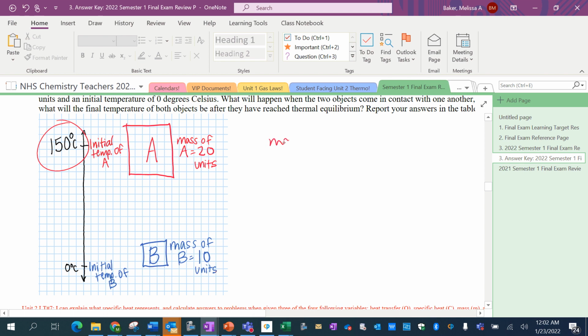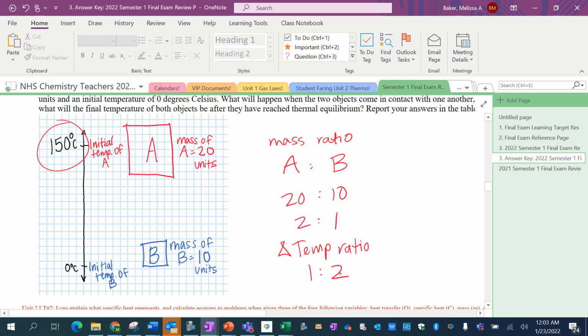The mass ratio of A to B is 20 to 10, which is 2 to 1. The change in temperature ratio is going to be the opposite. It's going to be 1 to 2.